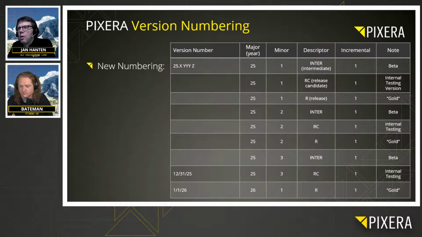So currently, as we'll see in a few minutes, we build 25.3 inter versions because these are the versions between the 25.2 release and the upcoming next release. And since we are still in 2025, it's called 25.3 inter something.